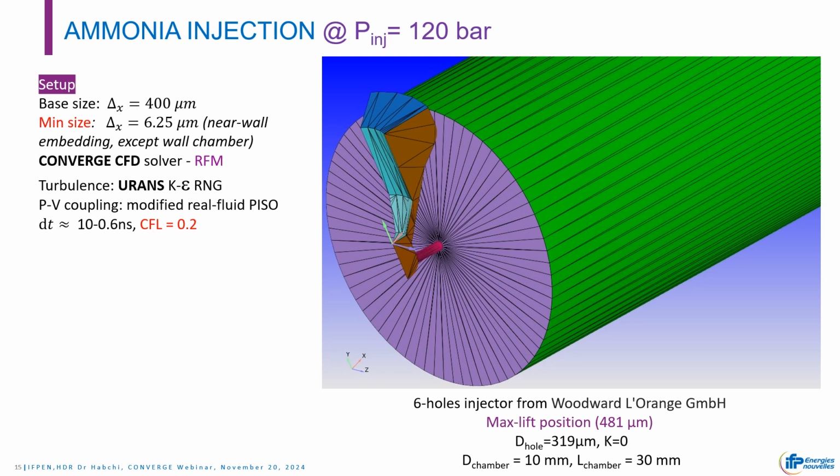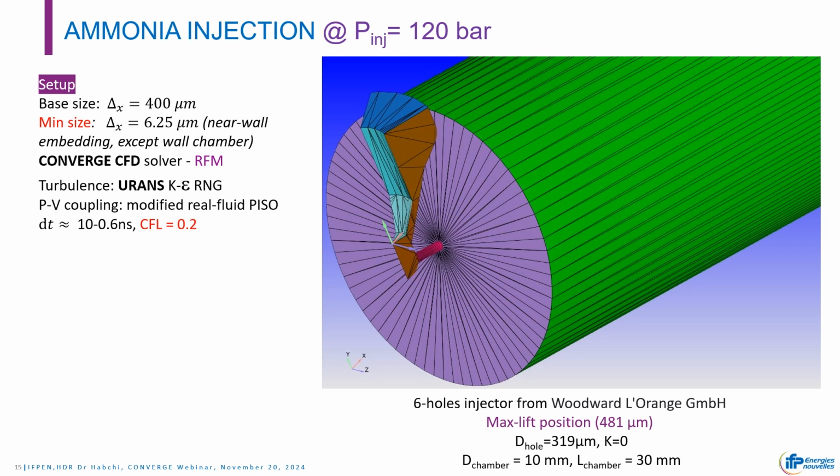So the setup considers a base grid size of 400 micron, and the minimum size is 625 micron near the wall embedding, except wall chamber.